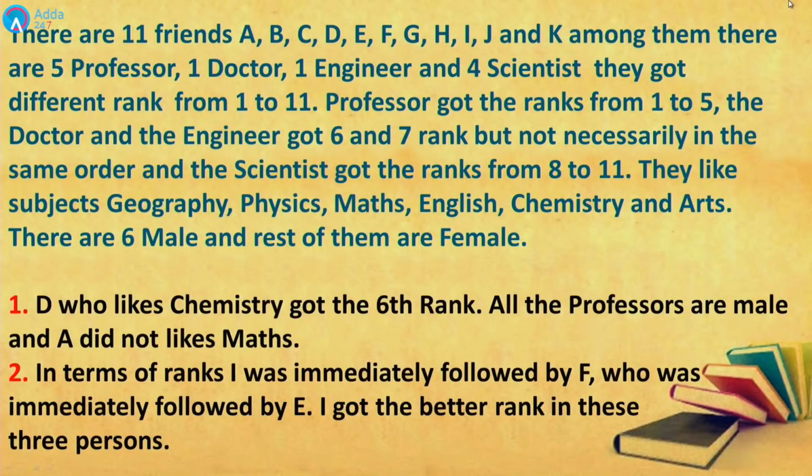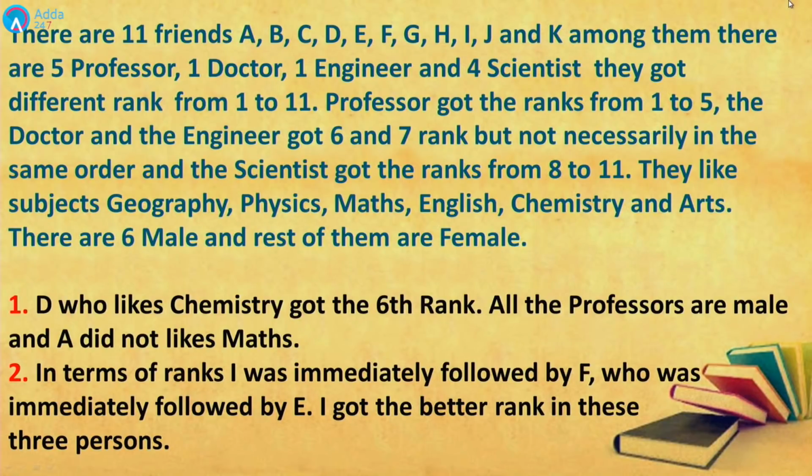One more information, not just one more, in fact many more, but right now let's see some other information. Professor got the rank from 1 to 5. Okay, one better thing is that we have a clear note of which ranks the professors hold, and that is clearly given from 1 to 5. The doctor and the engineer got 6 and 7 rank, but not necessarily in the same order.